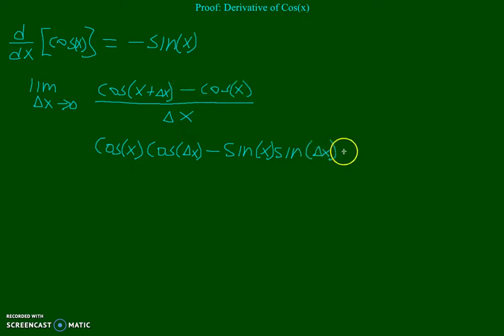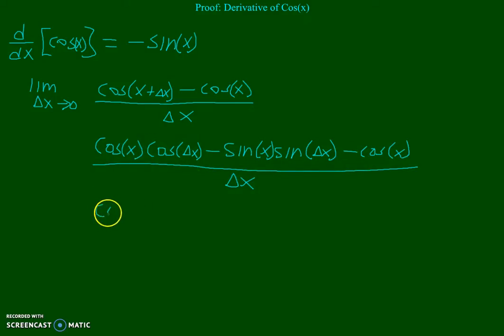We're going to add this piece in, so minus cosine of x, and that's all over delta x. So I want to go ahead and move this term over to this term because we're going to have a grouping opportunity here.